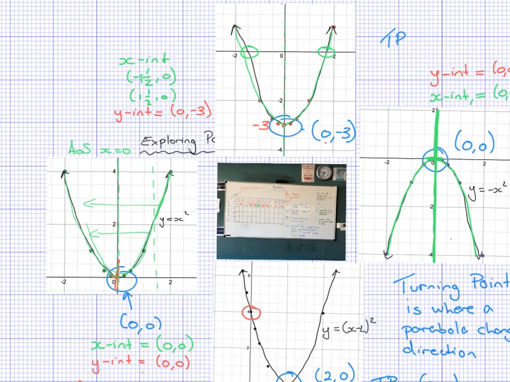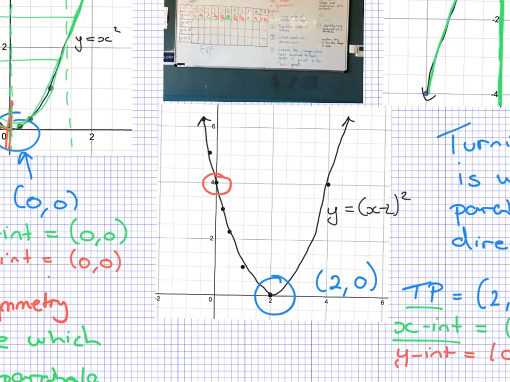But the bottom one is a different story. So if we look carefully at the bottom one, we can see that the turning point has been moved that direction, which means that the axis of symmetry, the two halves that I'm looking for, are now here and here. So the middle of them is pretty clearly right there where x equals 2.